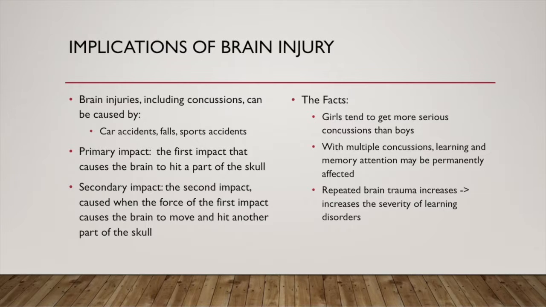And then the secondary impact is the second impact caused from when the force of the first impact causes the brain to move and hit the other part of the skull. So the baseball hits your head, causes your brain to hit that part of your skull, and then as you're recovering from that, your brain moves and hits another part of your skull because of the force of the first impact.